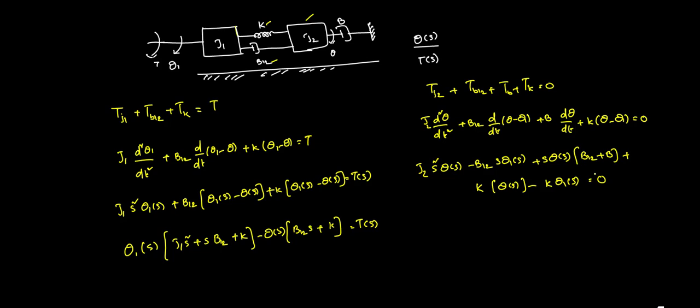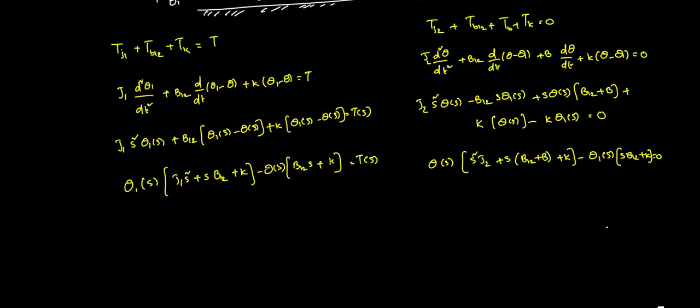Taking theta of s common, s square J2 plus s into B12 plus B plus K, minus theta 1 of s into B12 s plus K is equal to 0.